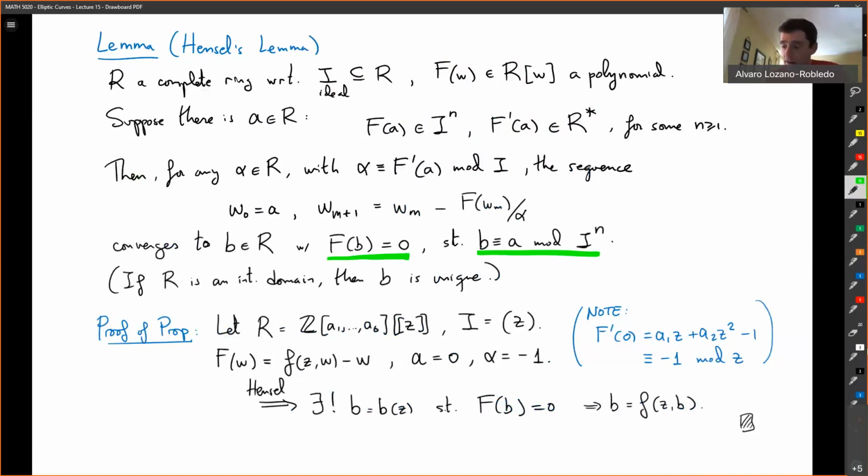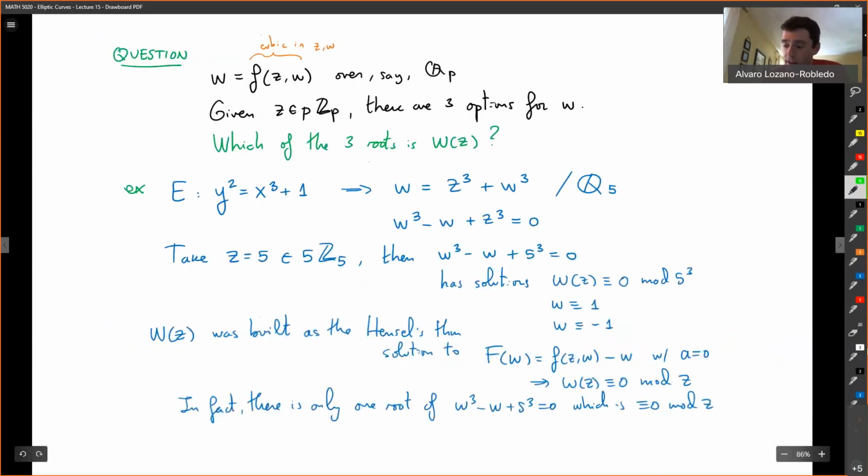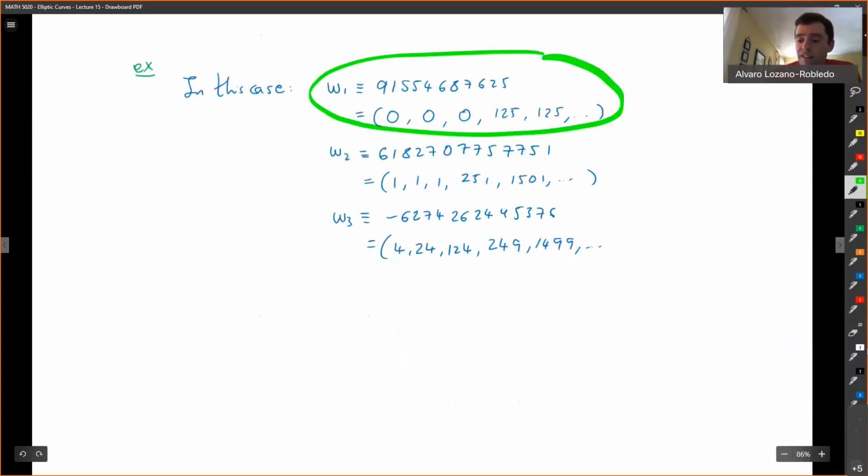What we found was that Hensel's tells you that the solution is going to be 0 modulo 5 cubed, and that's what we see here, and then it just keeps going from there. So it's the unique solution of the 3 that has that property.